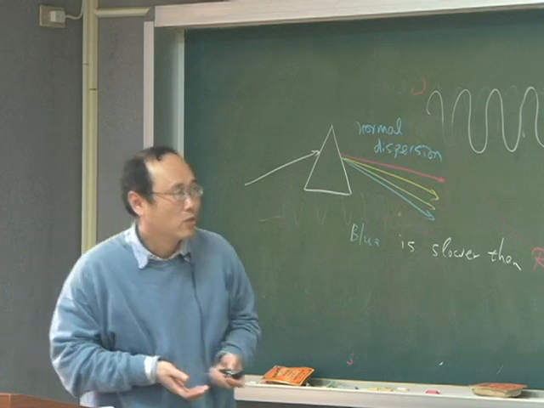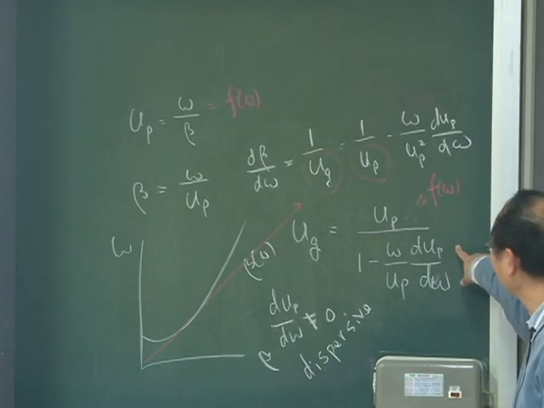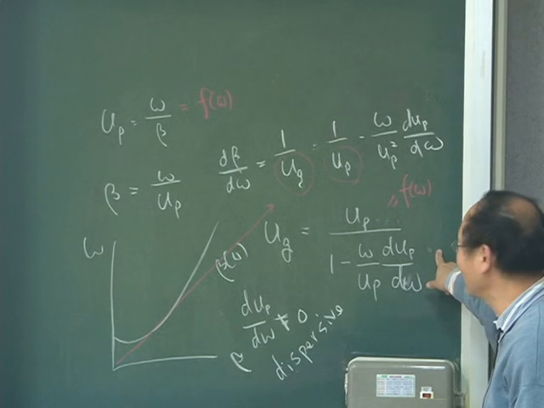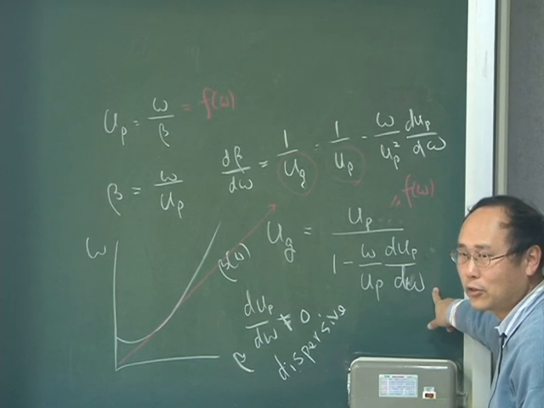Okay, so this is one expression that describes the group velocity in terms of phase velocity with differentiation of the phase velocity with respect to frequency.